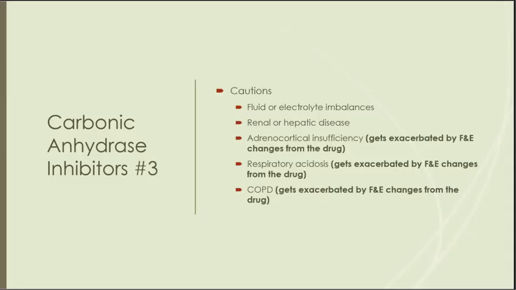So which type of fluid and electrolyte imbalance would you think this would happen? Metabolic acidosis. Why? Because it decreases bicarbs. It gets rid of the bicarbs in the body, which leaves the body acidotic.